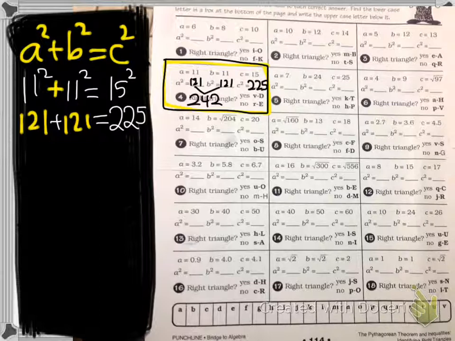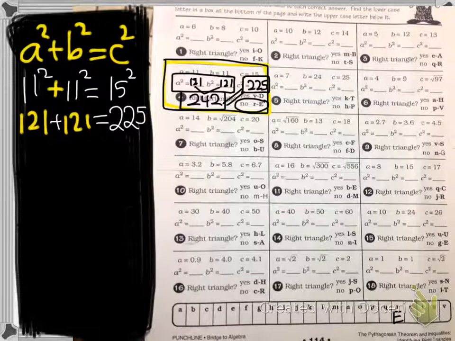So the question is, did a squared plus b squared equal c squared? So 242, does that equal 225? And the answer is no. So the way to crack this code is down at the bottom. Letter R will be E. Okay? Nice, nice.